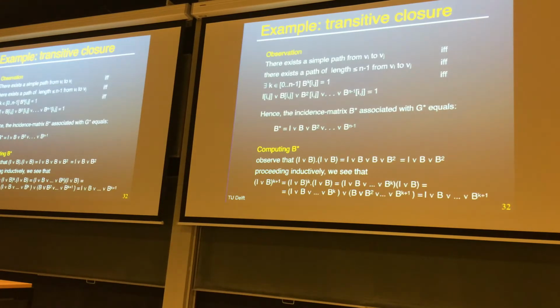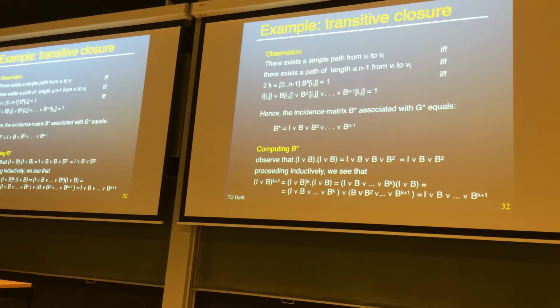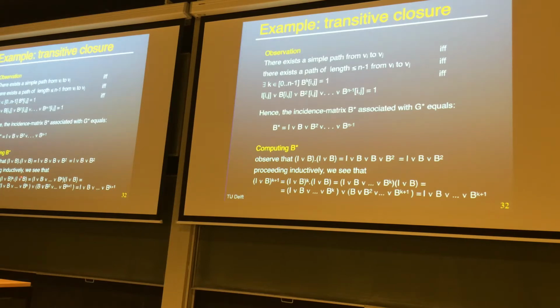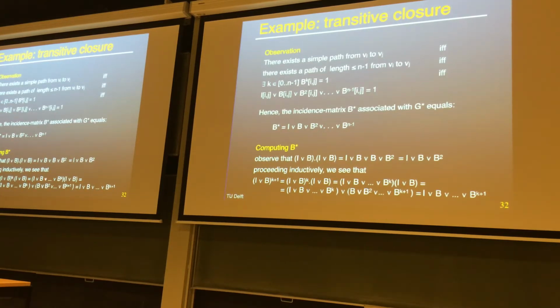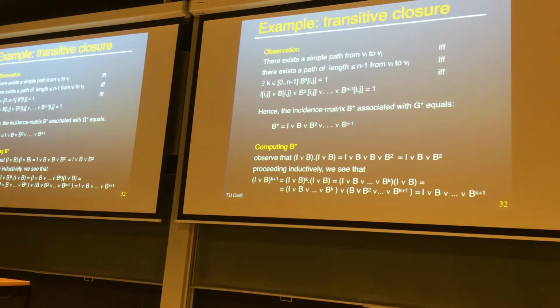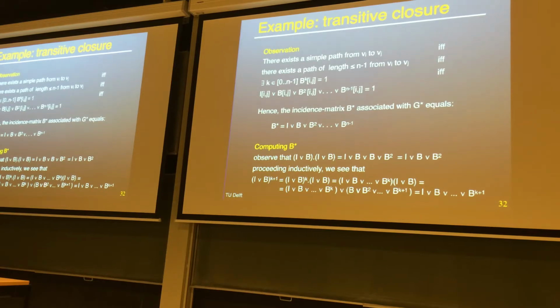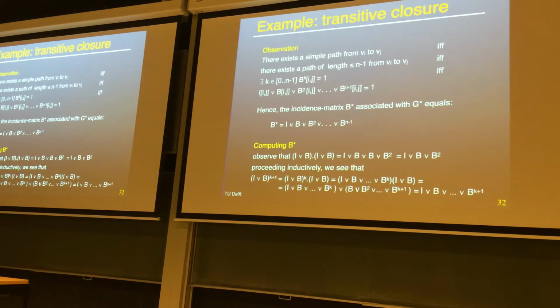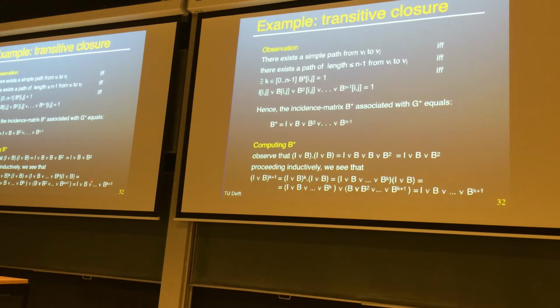Well, if you apply this inductively, then I or B to the power k plus 1 is equal to I or B to the power k times I or B. That's I or B or B to the power k times I or B, and that simplifies, in the same way as this simplifies, because at various points you have identical terms: B squared, B squared, B to the power 3, B to the power 3. They all simplify, and what you finally obtain is I or B or B squared or up to B to the power k plus 1.